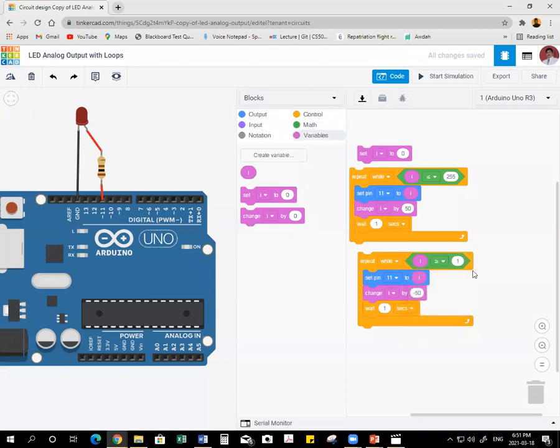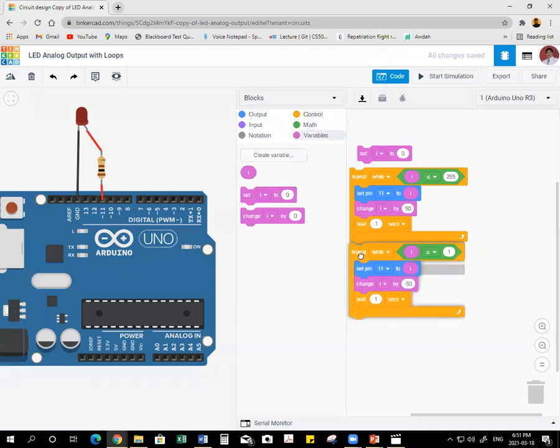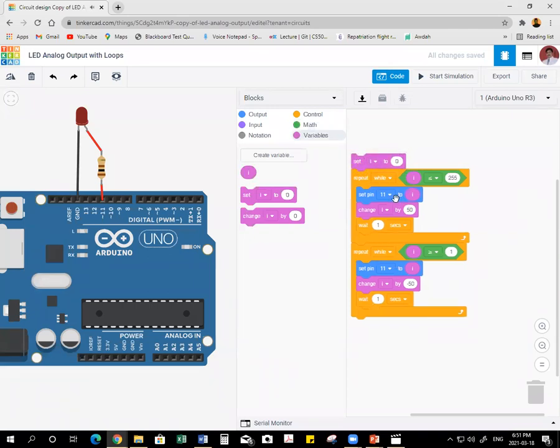Now set I equal to 0, because when it becomes 0 it will come out from the loop, and again go to the increasing loop, 50, 50, 50. When it is finished at 255, it comes out of the loop and goes to the decrease one. How much? Minus 50 every time.